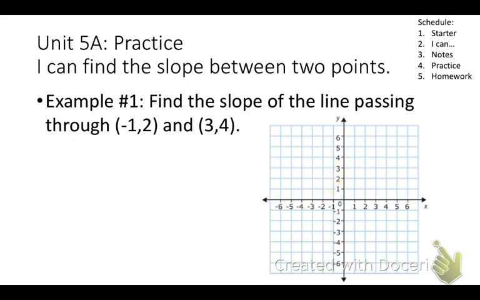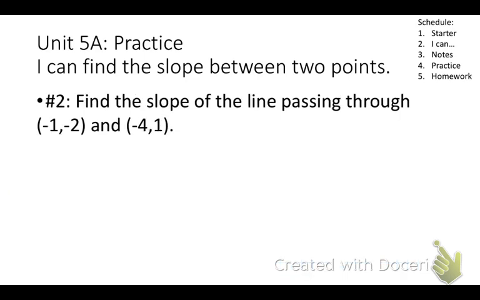All right, let's look at our next example. This time we don't even have a line or a graph to show us, but what we can do is still make that table. So I'm going to make my table. All right, my first point is -1, -2. There's my first point. My second point is -4, 1.